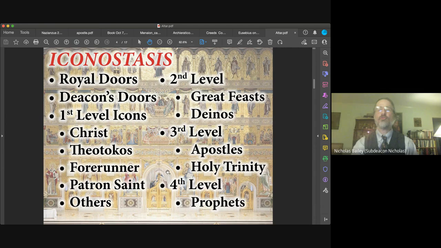Above that, if there's room, there'll be icons of the prophets with the Trinity in the middle, the Trinity represented by the three angels that Abraham hosted. And then on the next level, you'll see icons of the prophets of the Old Testament.